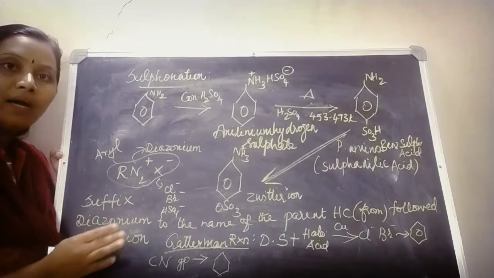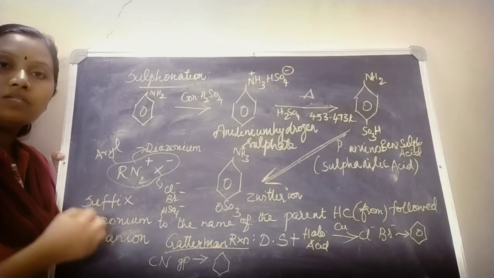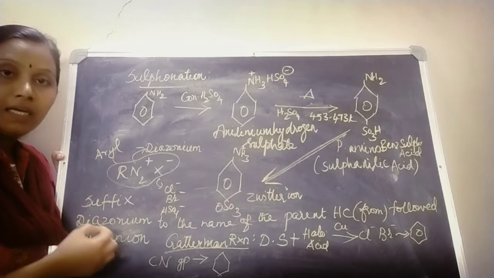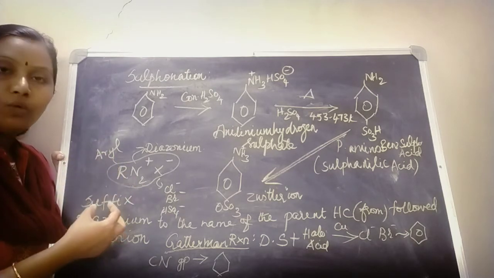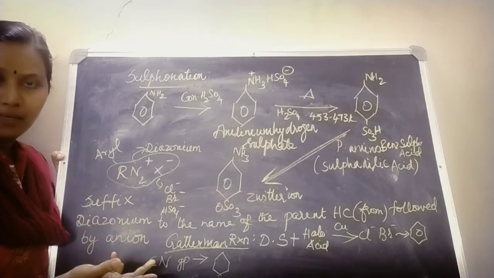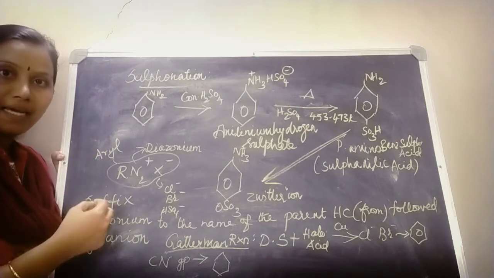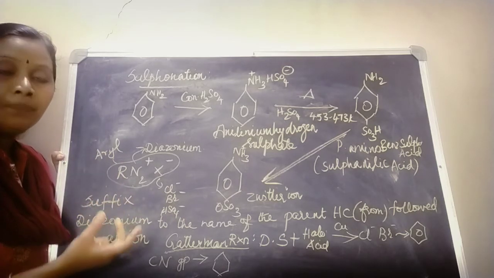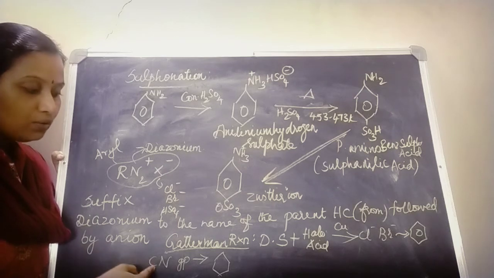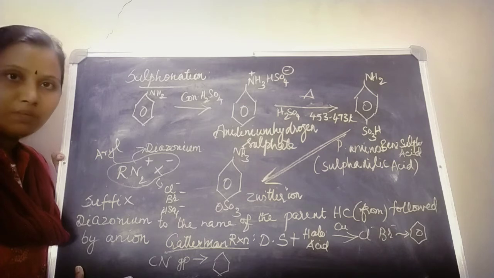Now you should have come to the conclusion that the importance of diazonium salt is that, using diazonium salt, you can introduce a cyanide group to the benzene ring. Generally it is difficult to introduce a chlorine, bromine or cyanide group to the structure of benzene. So now it is easy to introduce a cyanide group to the benzene structure. This is the importance of diazonium salt.